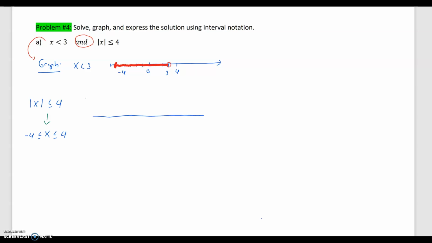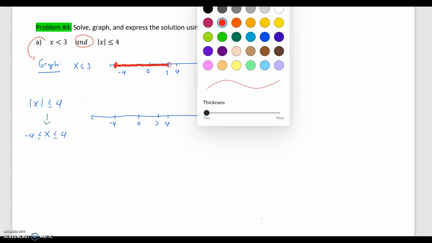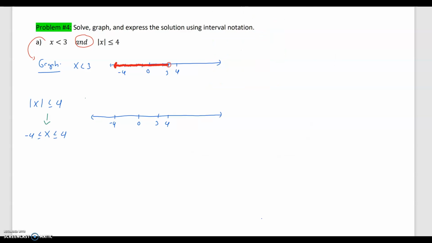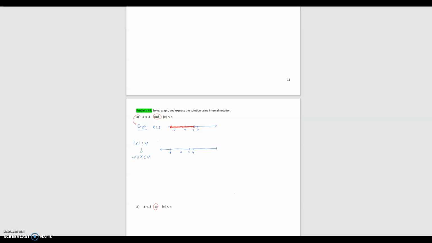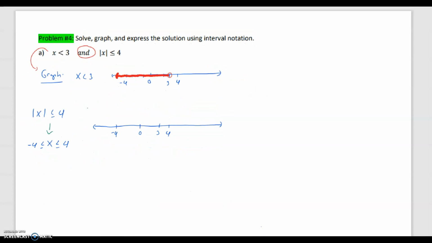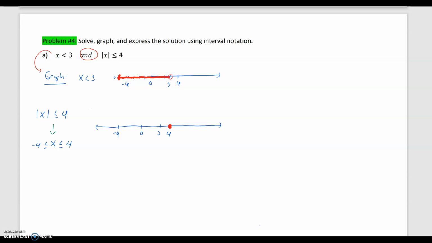So the graph of this one, not to scale, we would have 0, 3, 4, and negative 4. So for this one, we would have all the actual values that are in between. We're including the boundary, so negative 4 and 4, and all the values in here.